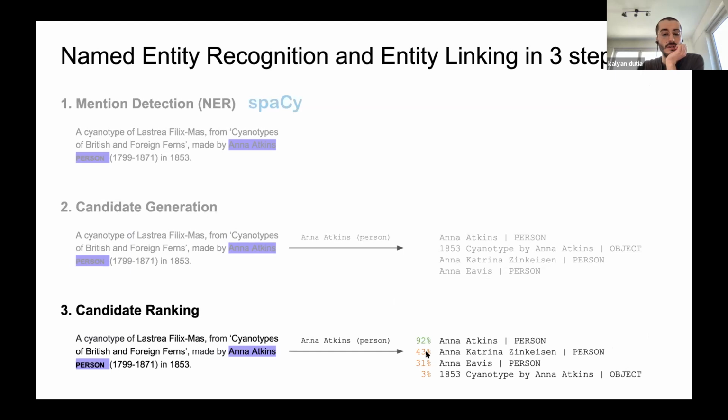We've trained a machine learning model to look at Anna Atkins, the context she was mentioned in in the original description, and then look at the titles of each of the records returned, their types and their contexts, which in this case are their descriptions, and basically rank them. I made these numbers up, but they're more or less right: 92% Anna Atkins is the correct one.